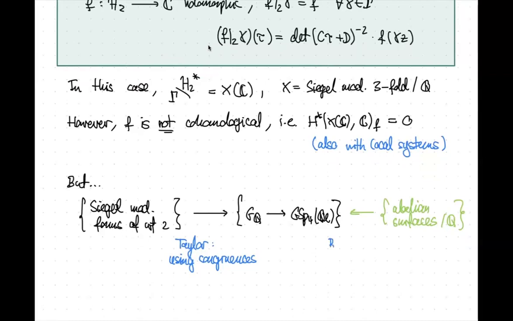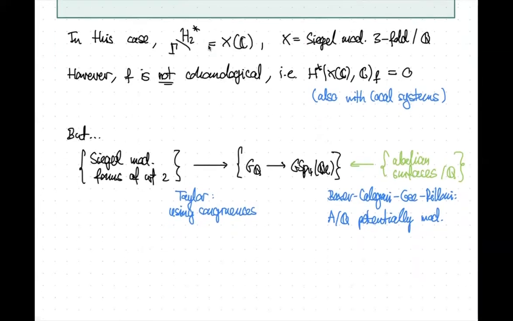And I guess here I can say that there's this work of Boxer, Calegari, Gee, and Pilloni, which says that these A over Q are potentially modular. And I heard maybe that there's some hope of upgrading this under some more or less restrictive hypothesis to actual modularity. Let's say, for now, we know it's potentially modular.